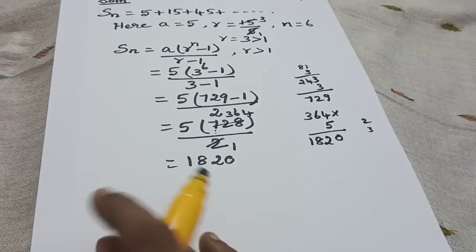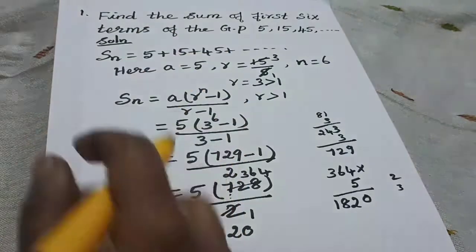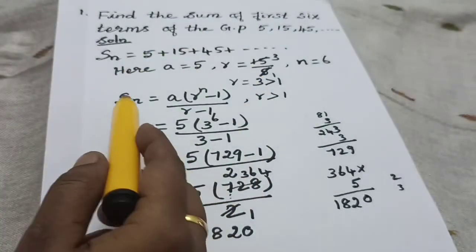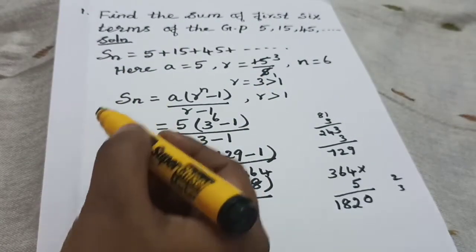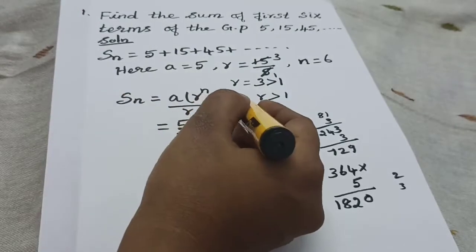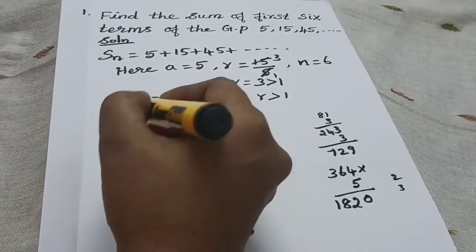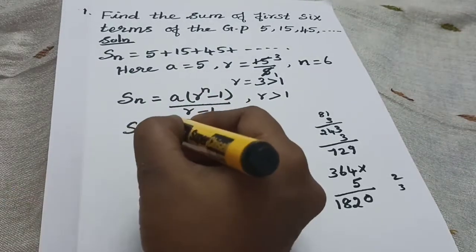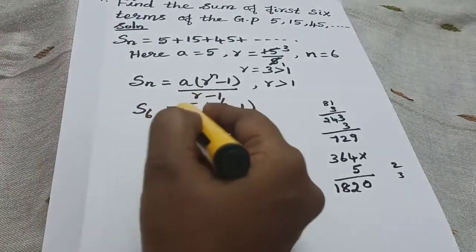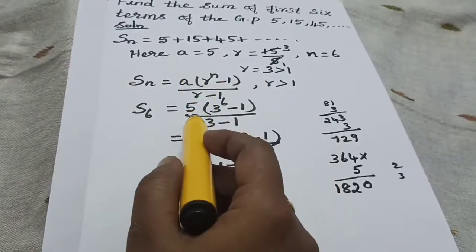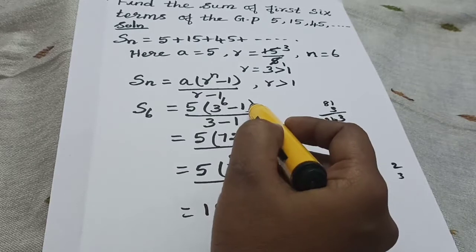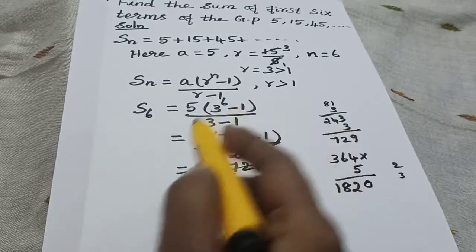1820. Okay, our question is to find the sum of the first 6 terms of the GP. Sum of 6 terms. That means this is the Sn formula. Only 6 terms we want to find. Therefore, S6 is equal to a into (r power 6 minus 1) divided by (r minus 1), that is 5 into (3 power 6 minus 1) divided by (3 minus 1).